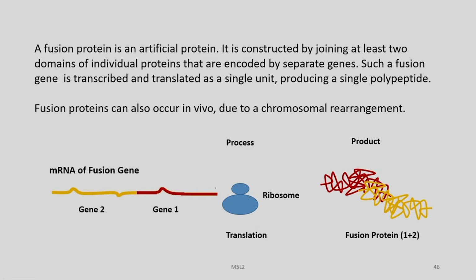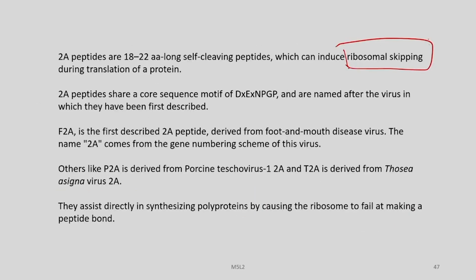You can see mRNA becomes a protein only after translation that happens in the ribosome, and we have a term here, ribosomal skipping, which is related to the word ribosome. 2A peptides share a core sequence motif of DXEXNPGP and are named after the virus in which they were first described.